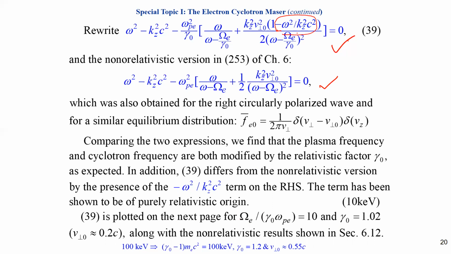Okay, that's the major difference, which was also obtained for the right-hand circularly polarized wave. And for a similar equilibrium distribution, comparing the two expressions, we found that the plasma frequency and cyclotron frequency are both modified. Plasma frequency and cyclotron frequency are both modified, okay?